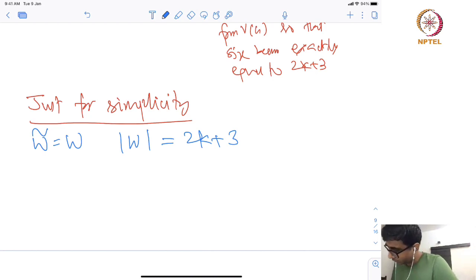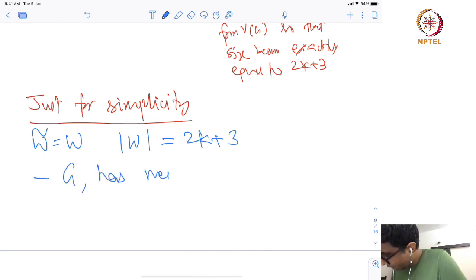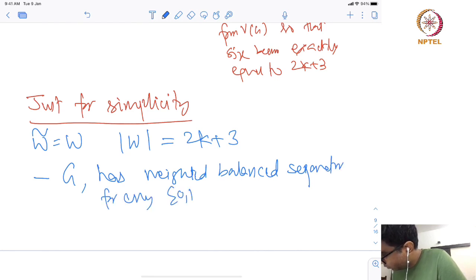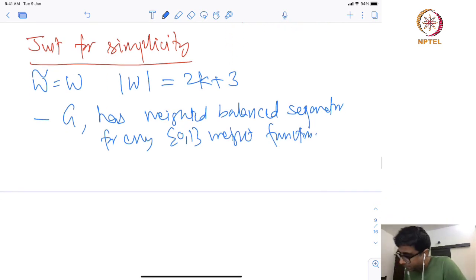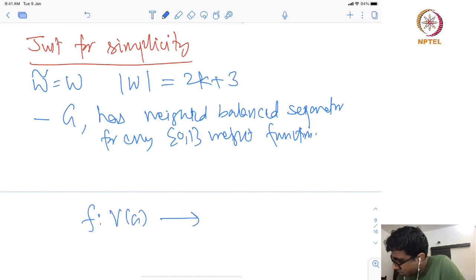Now, I know that my graph G has a weighted balanced separator for every 0, 1 weight function. So I fix a weight function. What is my weight function? f from V(G) to {0, 1}.